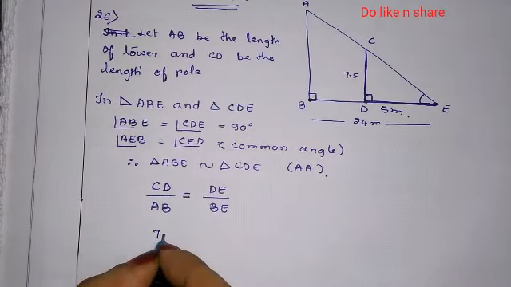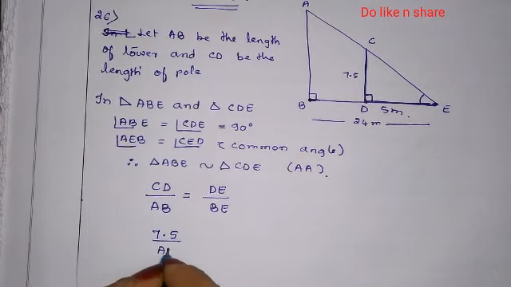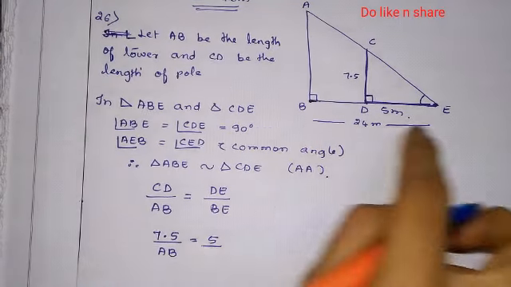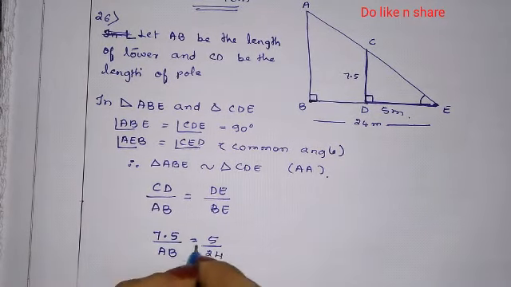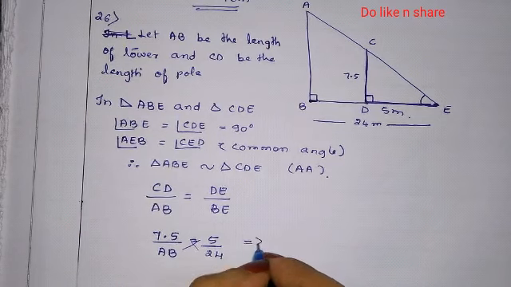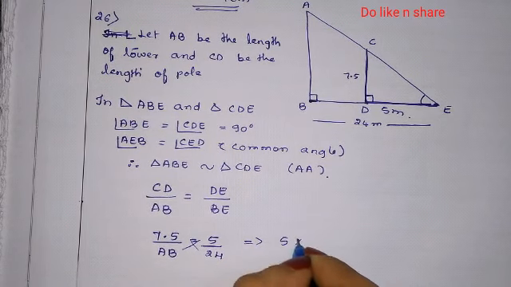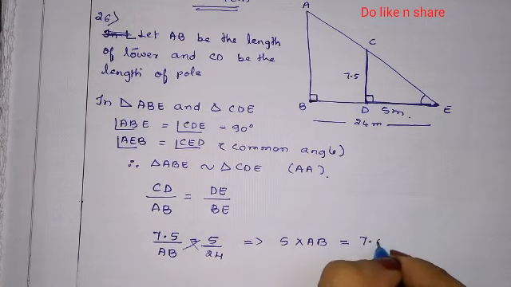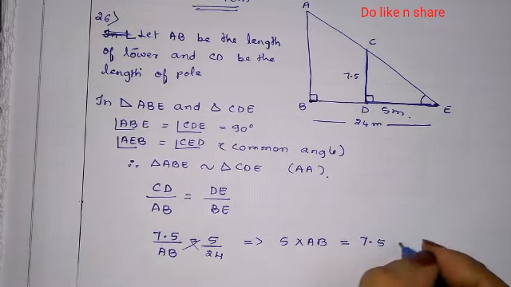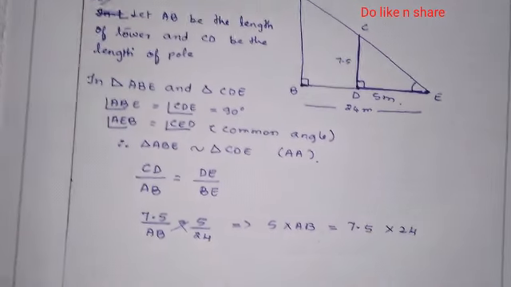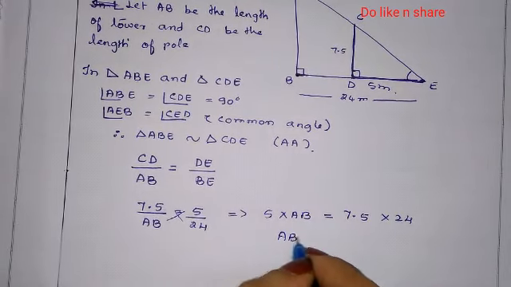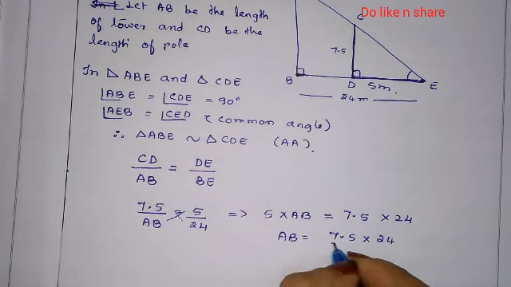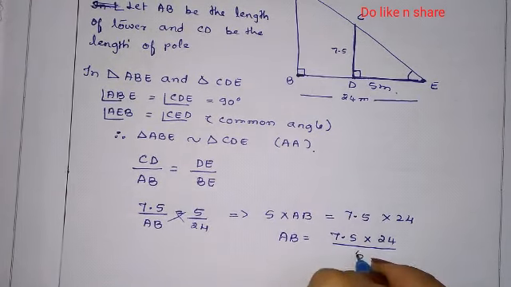CD is 7.5, AB we don't know, DE is 5 and BE is 24. Cross multiply: 5 into AB is equal to 7.5 into 24. AB is equal to 7.5 into 24 upon 5.